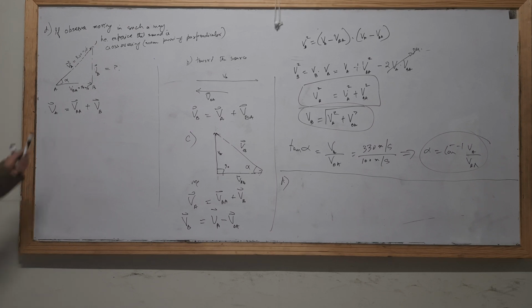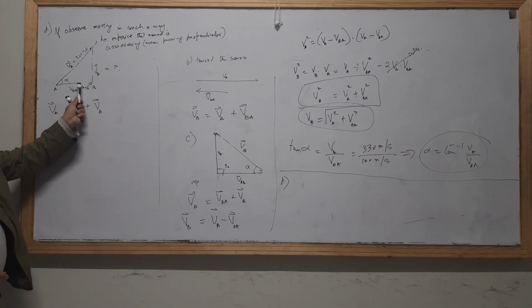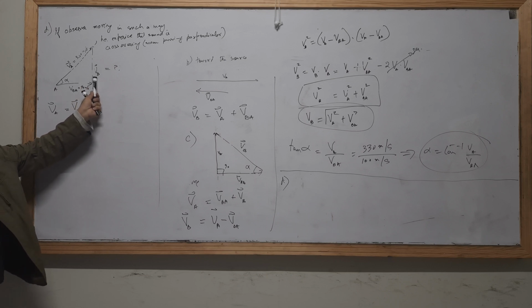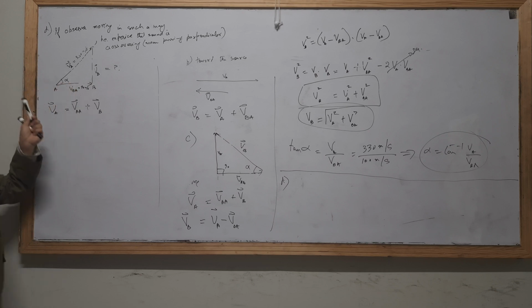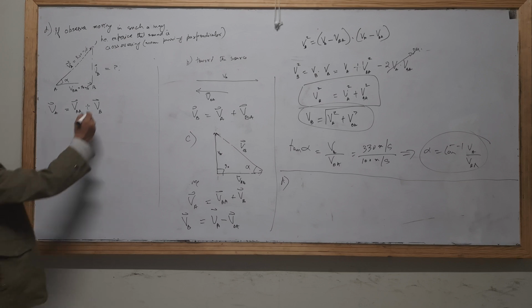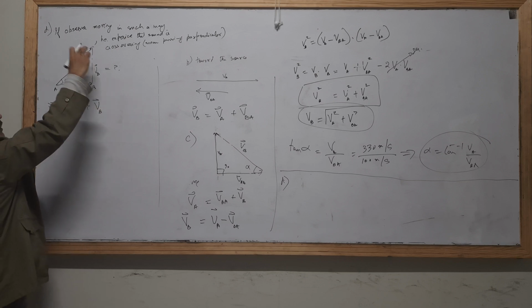So this head is joining with tail. So these vectors are adding, and this is the vector that is the resultant. So VA is the resultant of VBA and VB. But VBA is given and VA is given.